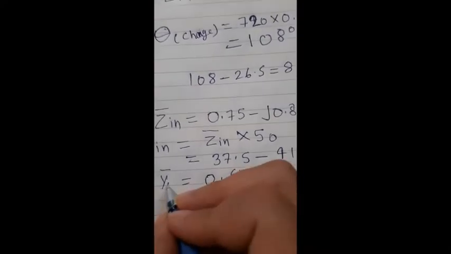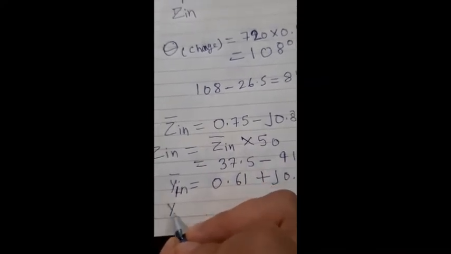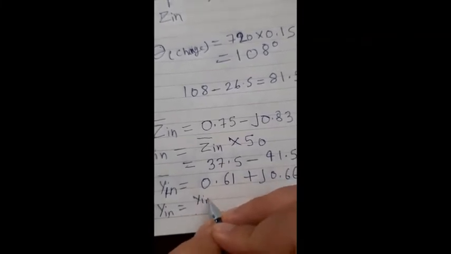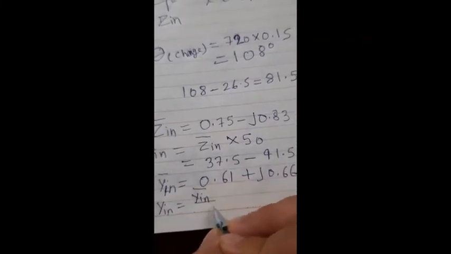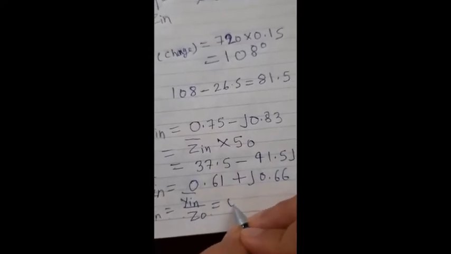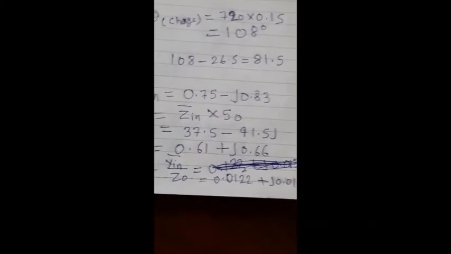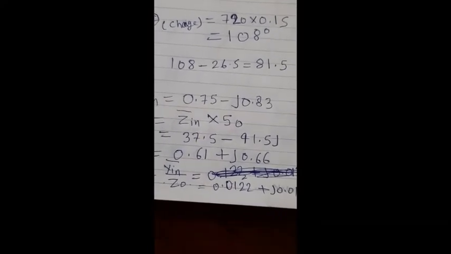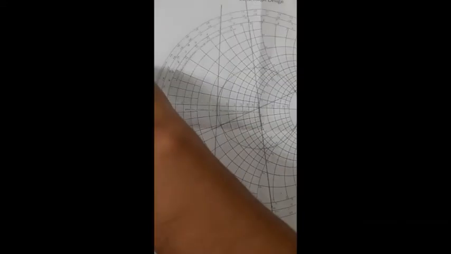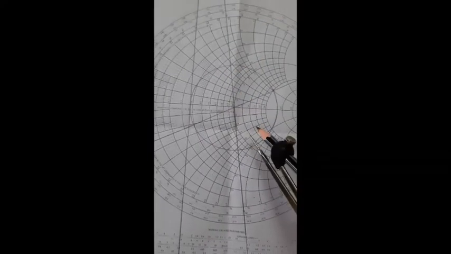So Yin is equal to Yin bar divided by Z naught, and it will become 0.012 plus j0.013.